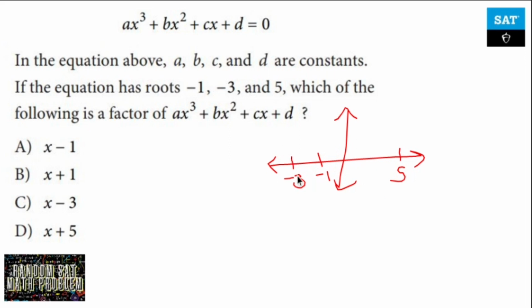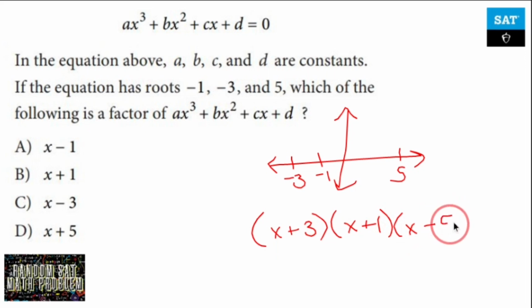My equation is going to hit -3, -1, and 5, which means it has factors of x plus 3, think zero product property, x plus 1, and x minus 5, which gives me my answer right there.